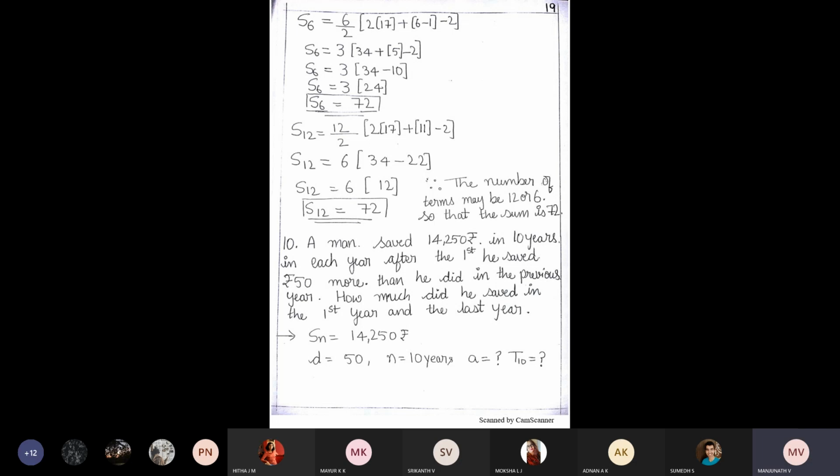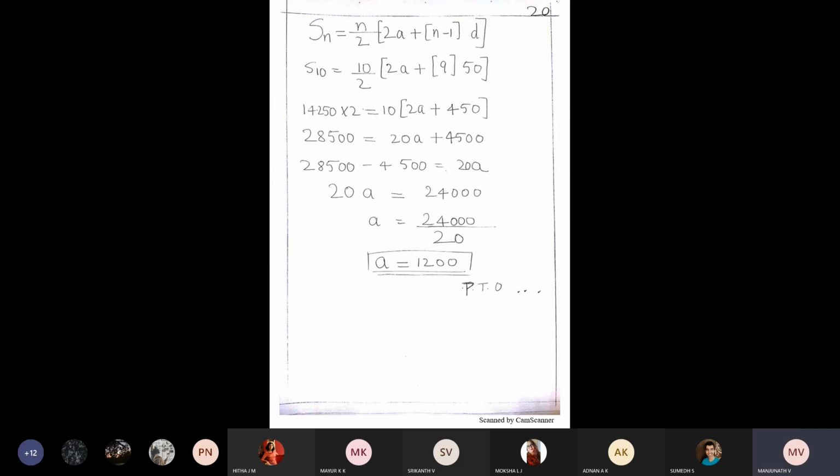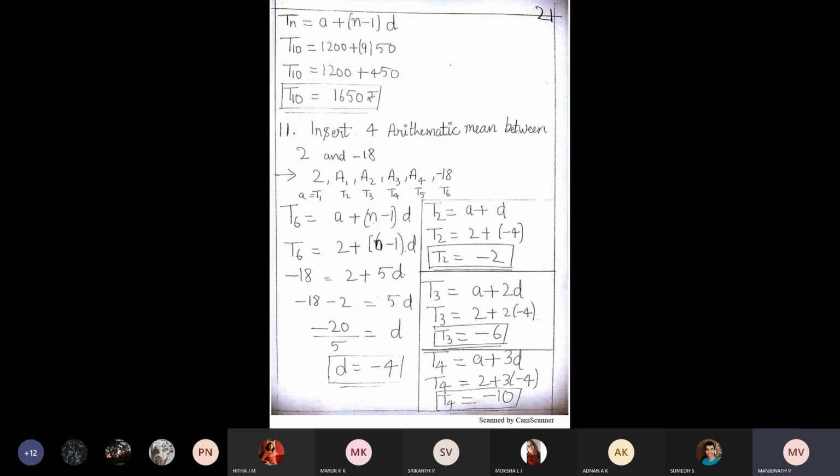Let me check my answer. A is 1200, yes, right? T10 is 1650. Srikanth is right.